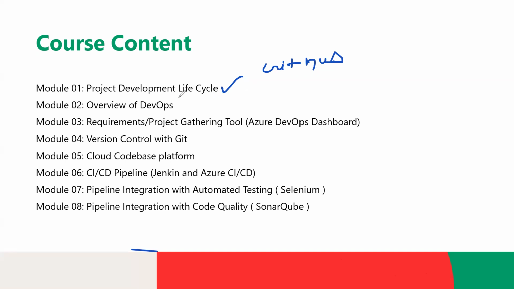As I mentioned, there might be some non-IT people, so they need to understand what the project development life cycle is. So we will explain the project development life cycle here, like what all phases are there: requirement gathering, then development, then testing, then deployment.